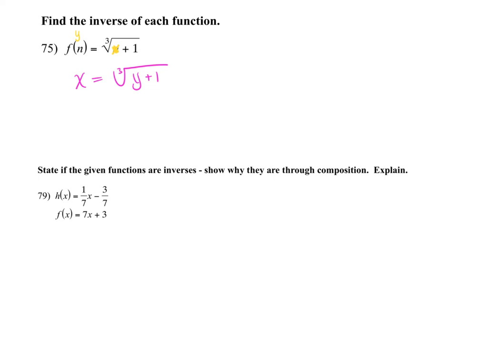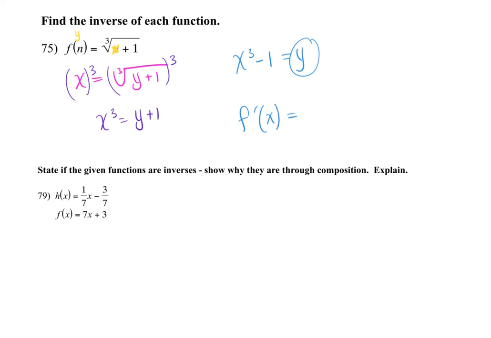How do I get rid of a root? Well, I just raise it to the power. So now I have x cubed equals y plus 1. Subtract 1. x cubed minus 1 equals y. Typically, you replace this guy with your indicator that you have found the inverse, you know, that it's not the same original function. But this is what I'm looking for here. That's your inverse.